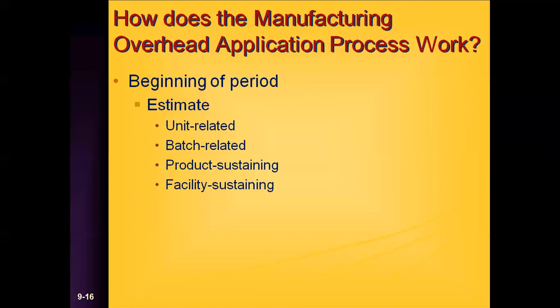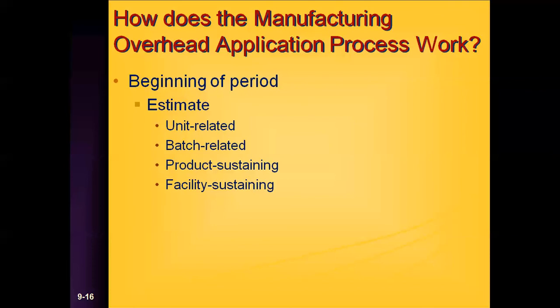So you would need to do that in order to estimate the manufacturing overhead for each of these cost-related pools: unit-related costs, batch-related costs, product-sustaining costs, and facilities costs.